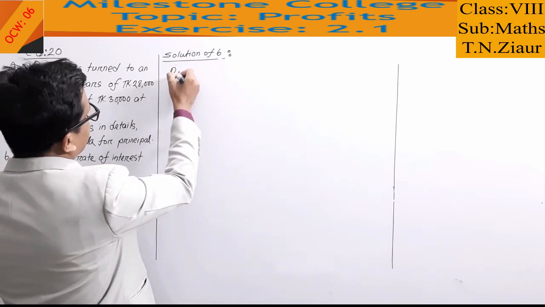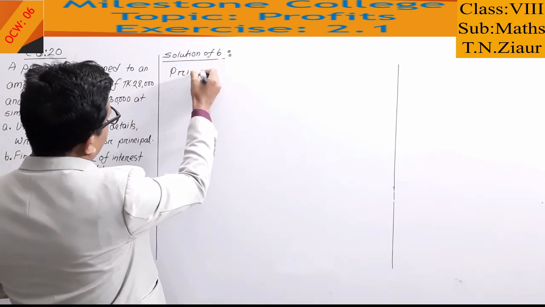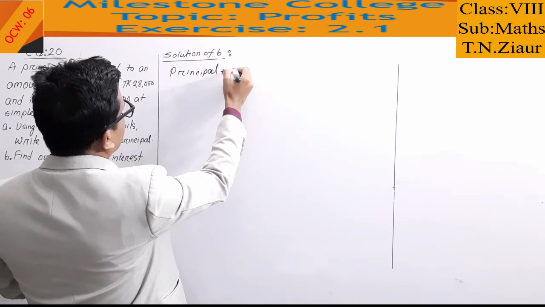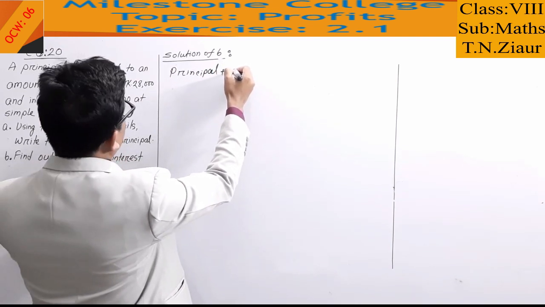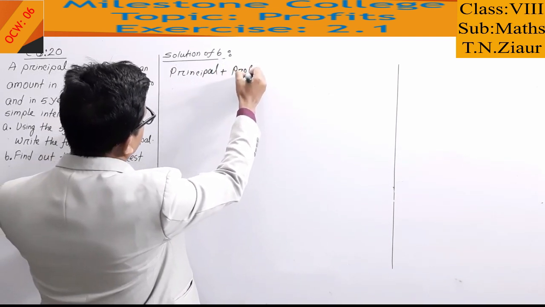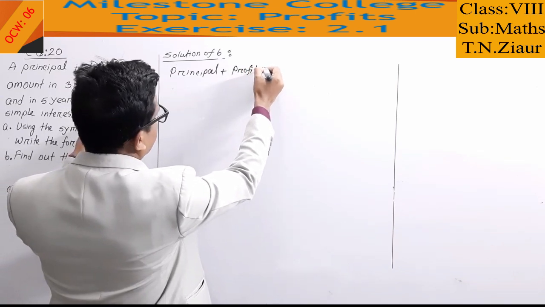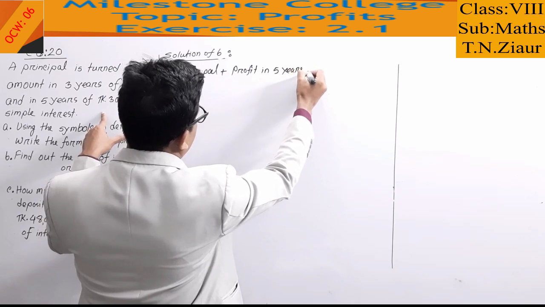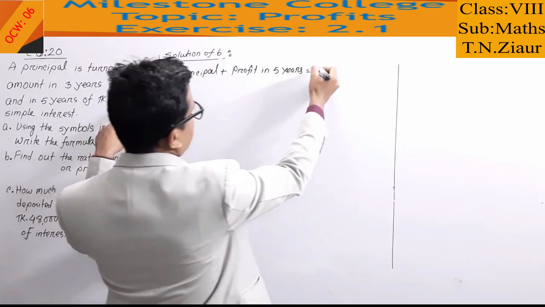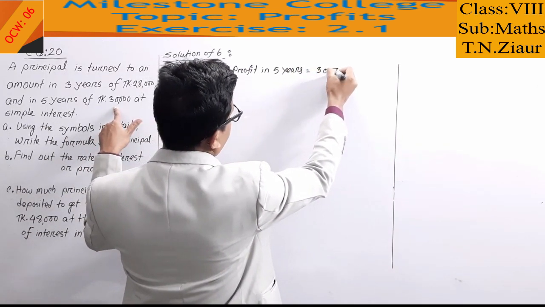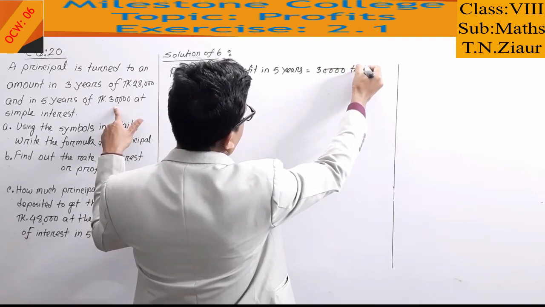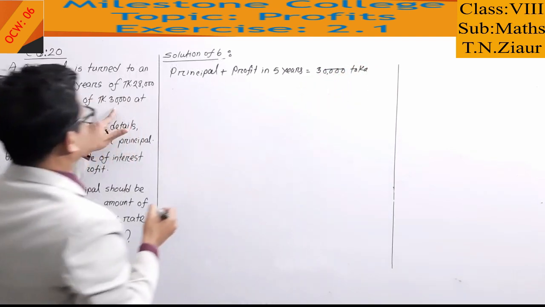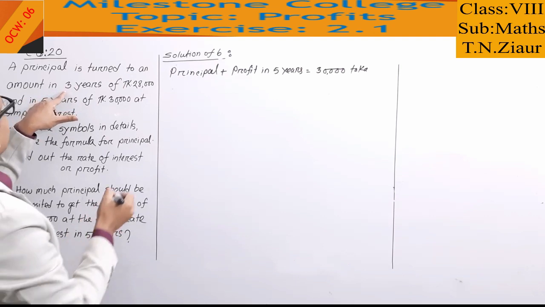So just write: principal plus profit in 5 years is equal to 30,000.